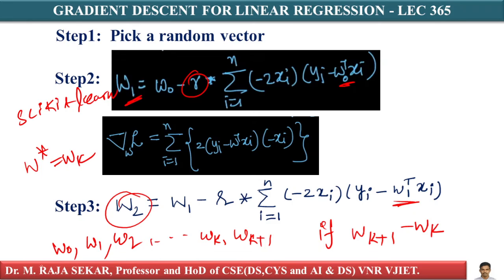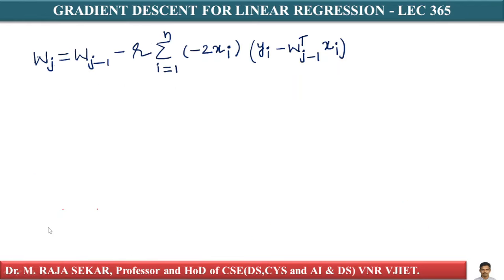In any iteration, Wj equal to Wj minus 1 minus R into sigma i equal to 1 to n of minus 2xi into (yi minus Wj minus 1 transpose xi). There is one major problem with this.